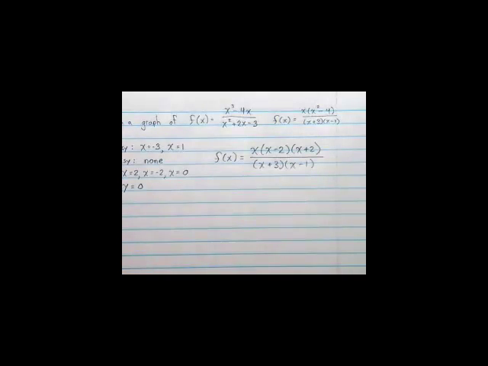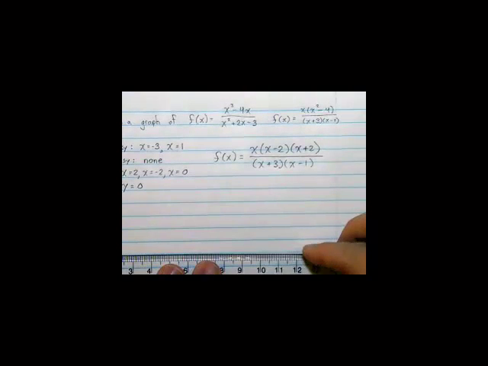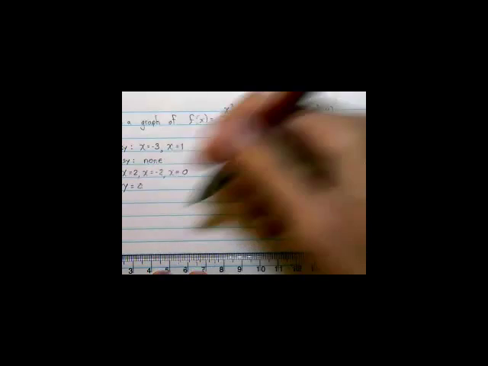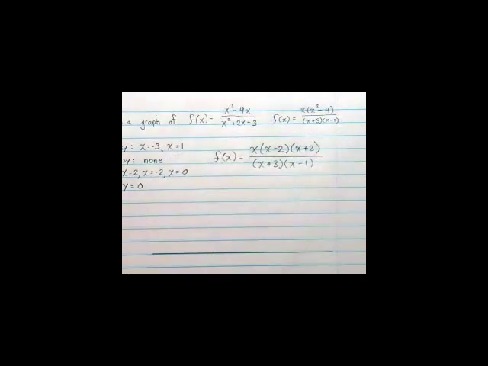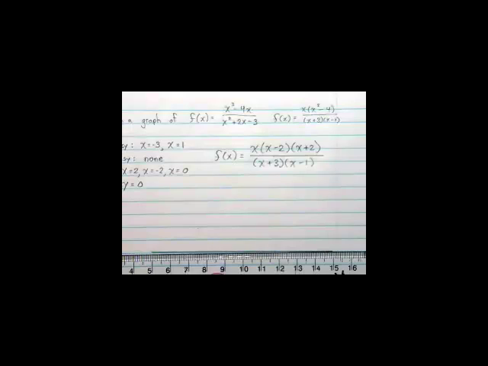stuff onto a graph. Try and make mine as pretty as I can for you here. All right, let's see.